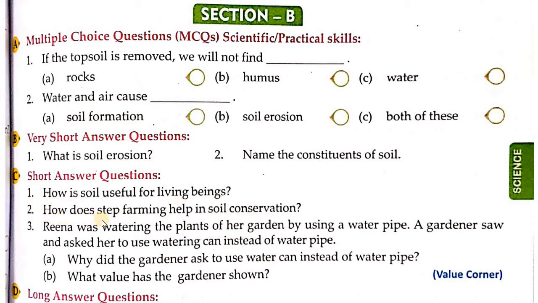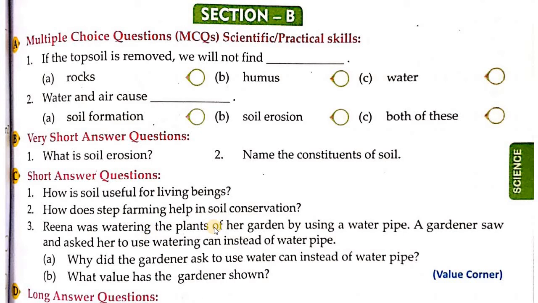Question 2. How does step farming help in soil conservation? Step farming is done by cutting steps in the hill slopes. By making these steps, it reduces the speed of water as it flows down and therefore reduces soil erosion. In page 145.